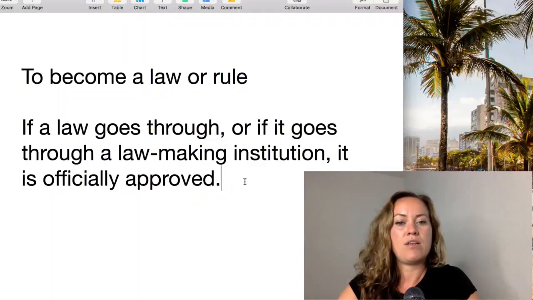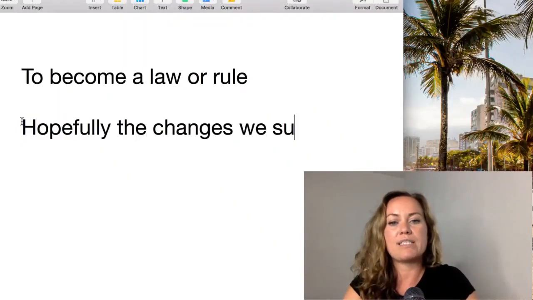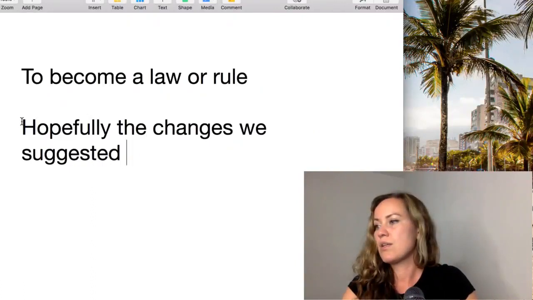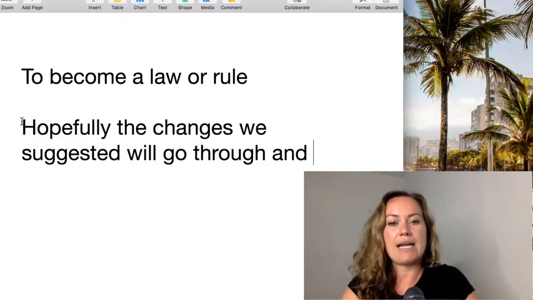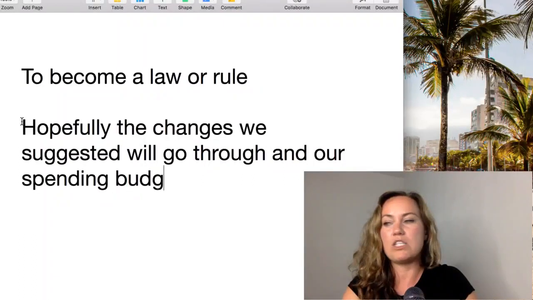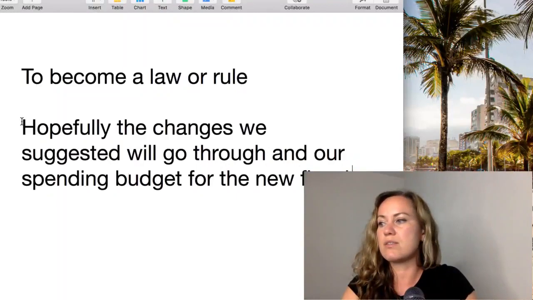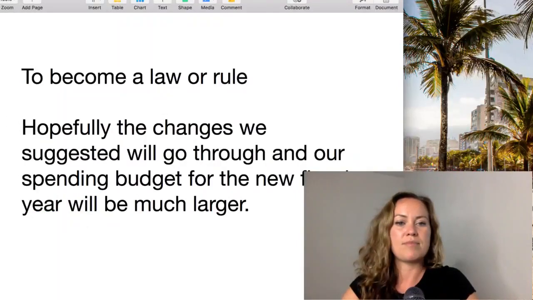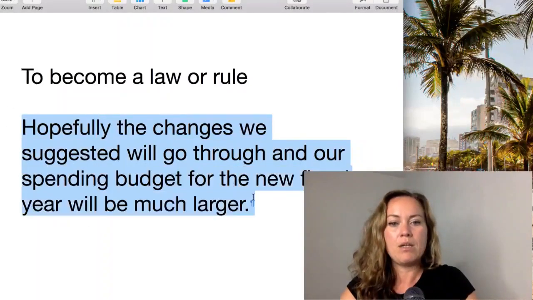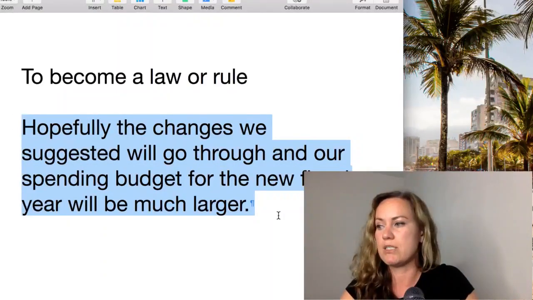Hopefully, the changes we suggested will go through and our spending budget for the new fiscal year will be much larger. Sounds very businessy. But go through is also a phrasal verb that we use in business situations.